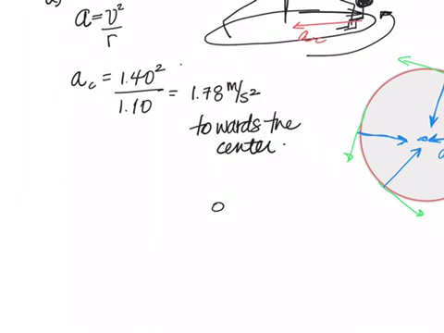So if you imagine here's the child sitting on the merry-go-round, and there is a force from the merry-go-round up on the child. We call that normal force from a surface onto an object. There would be the weight force acting on the child, F sub g.